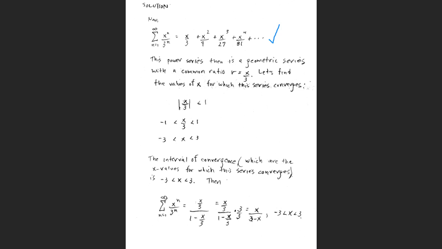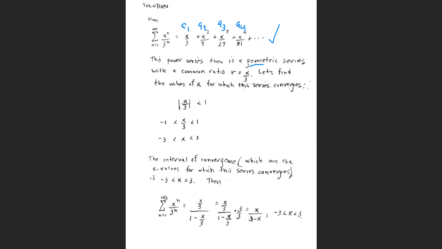So this power series is a geometric series with a common ratio of x over 3. Again, you could show this. Here are the first 4 terms of the series.